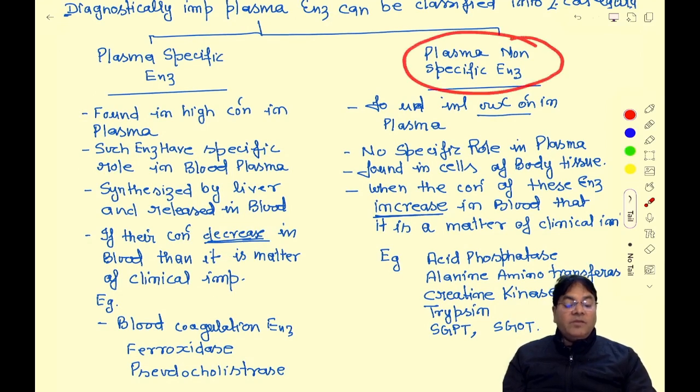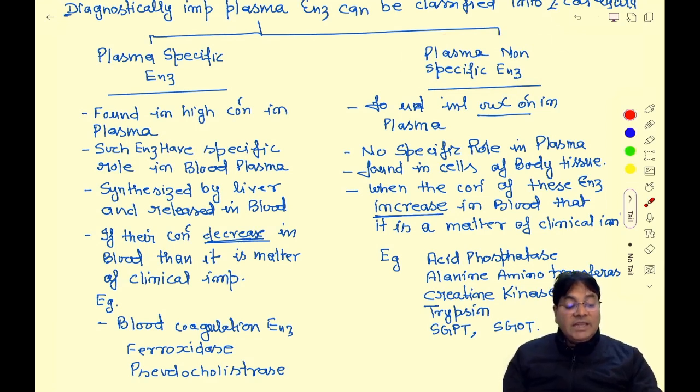Plasma non-specific enzymes are found inside the tissues of different organs of the body and are usually present in low concentration in the bloodstream. But when any problem occurs, like a heart attack, their concentration increases in the bloodstream.